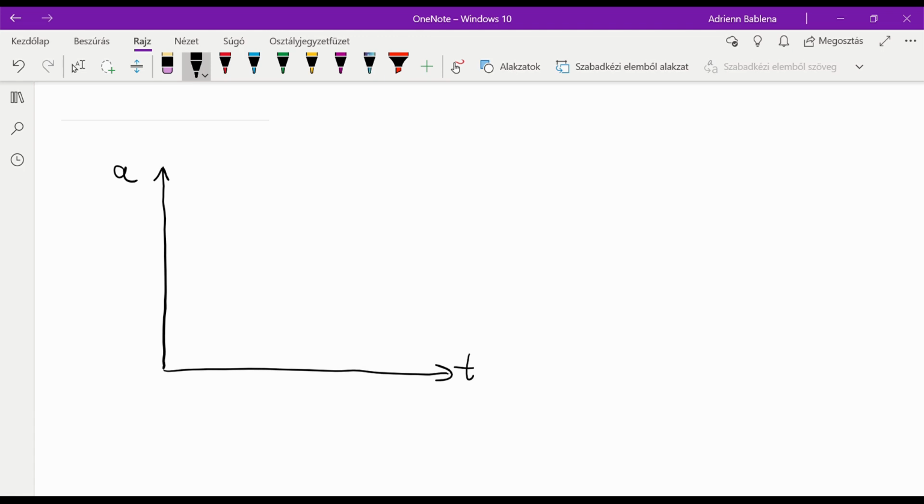A(t), A in meter over square second, T is in second. And our diagram looks like this. So the diagram has also two parts, two sections, first order section and the constant section.